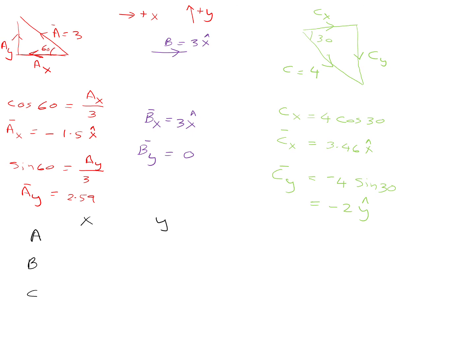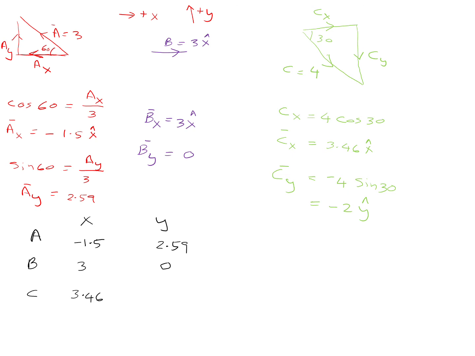So x component of vector A we already figured out, negative 1.5 magnitude, and y component is 2.59. X component of vector B is 3. There's no y component, 0. X component of vector C is 3.46.